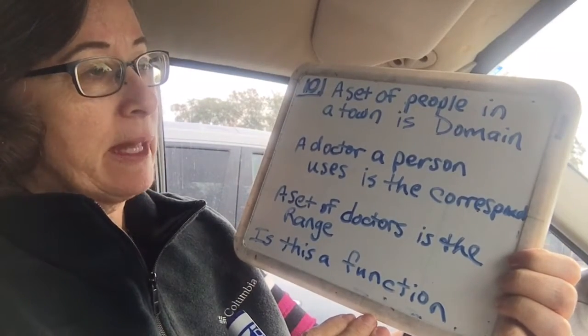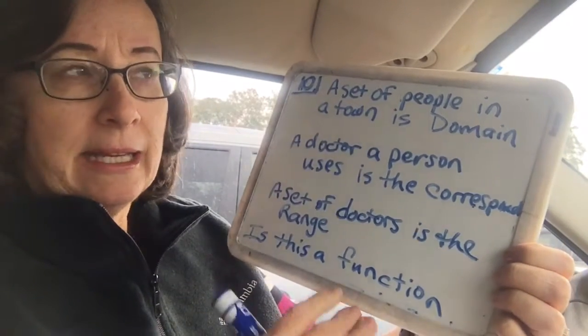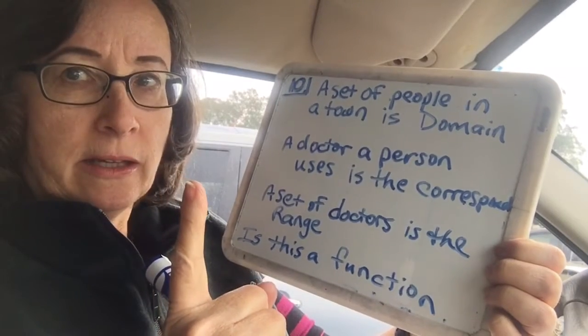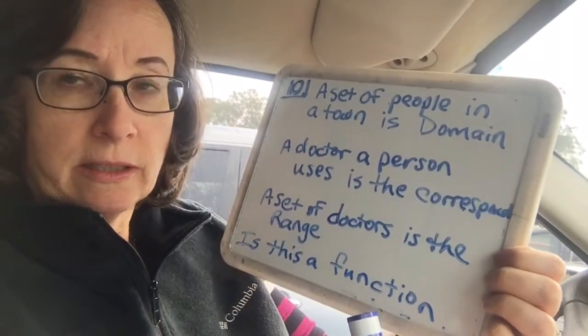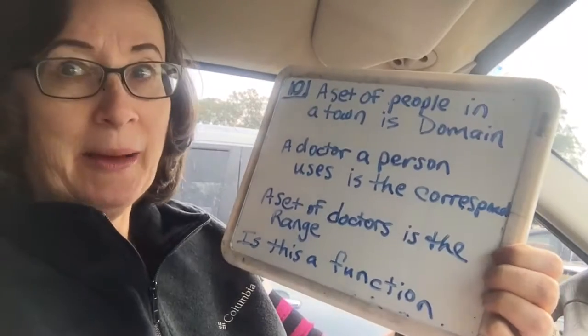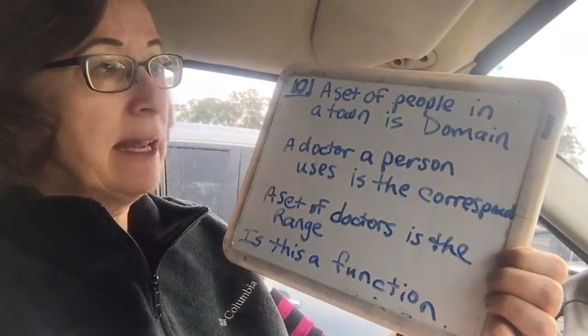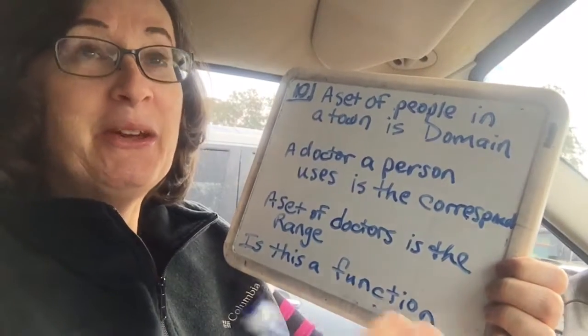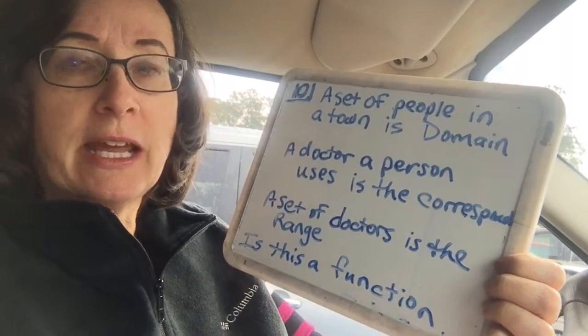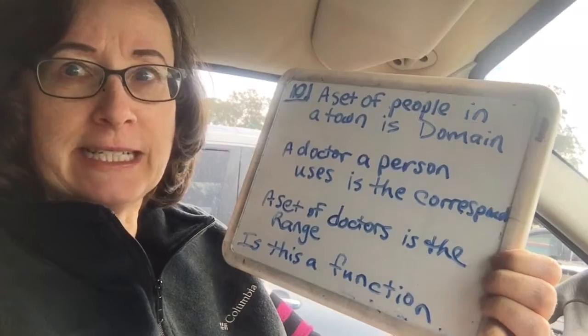Does each person use only one doctor? Well, perhaps some people might use only one doctor, but as you age, you might have several different doctors that you have to see for different conditions.